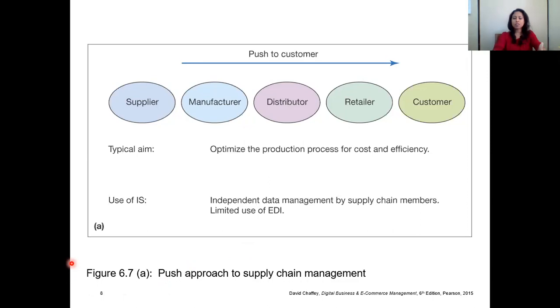So this strategy usually is followed by organizations in order to optimize their production efficiency, as well as to minimize their production cost, right? So although it is efficient in terms of the organization, is it value adding in terms of the customer? Mostly no. Why? Because in this type of model, you do not consider what the customer really wants. You do not focus your attention on how you are going to deliver value to the customer, right? So those are some drawbacks of this push model.